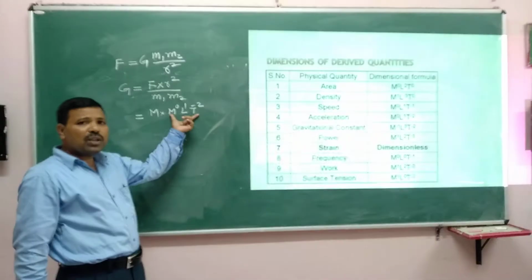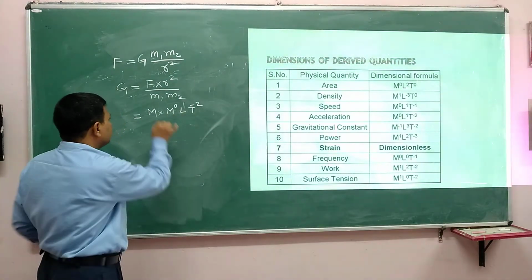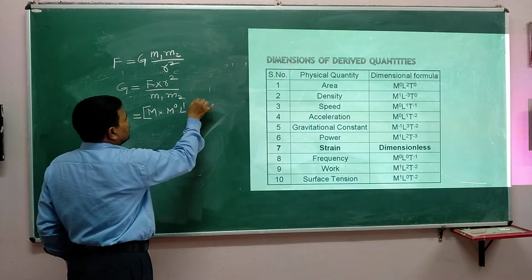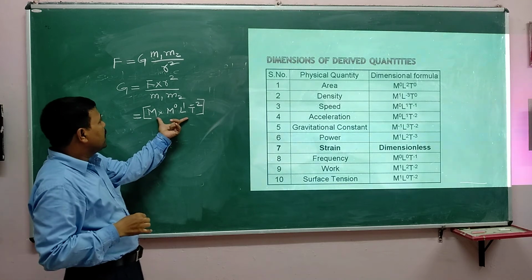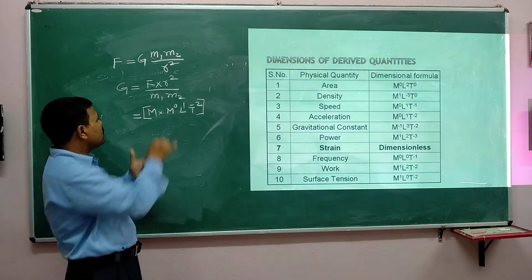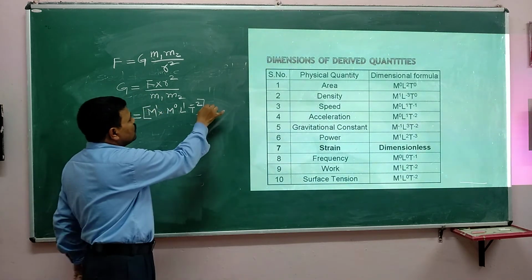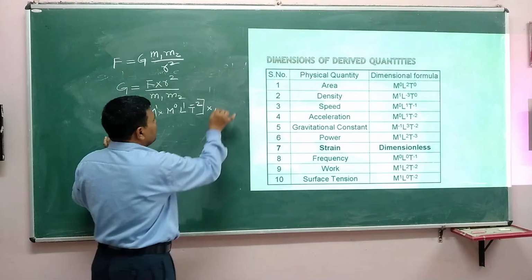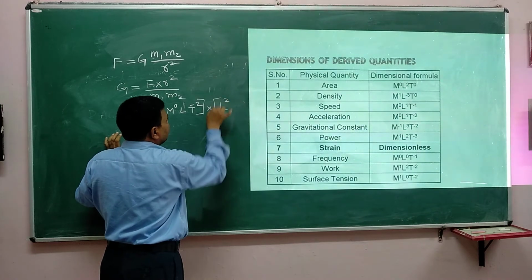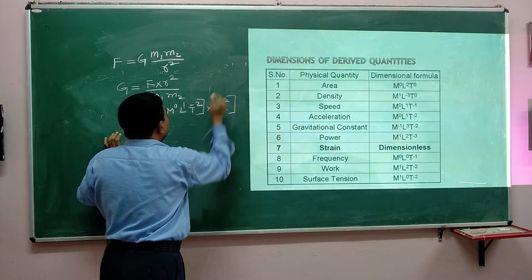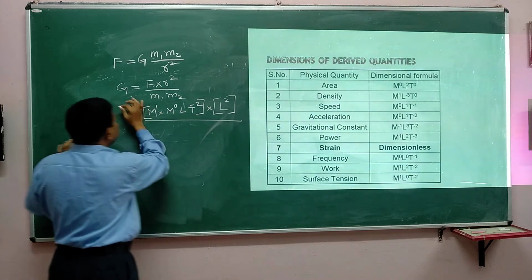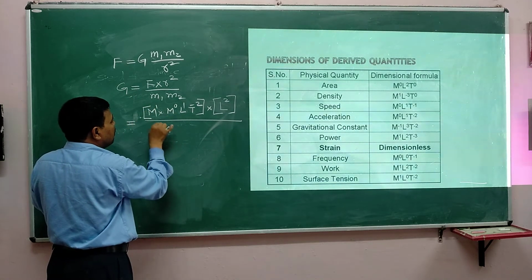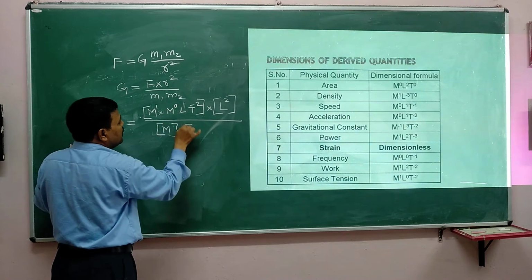This is the dimensional formula of acceleration. This is the dimensional formula of mass. Together, it is the dimensional formula of force into the dimensional formula of distance square, L square, and the dimensional formula of mass is M, and the other mass is M.